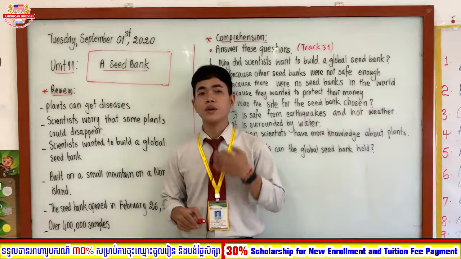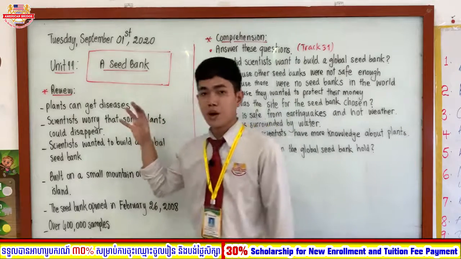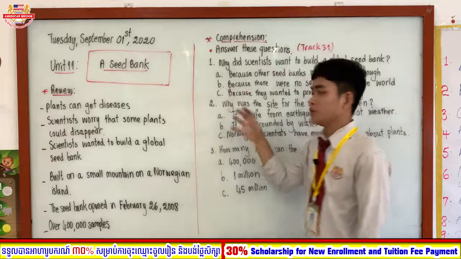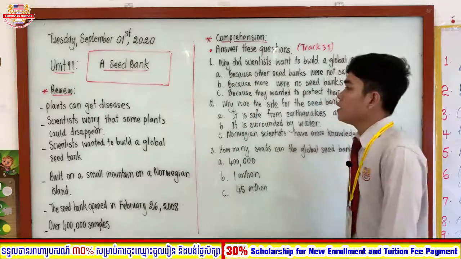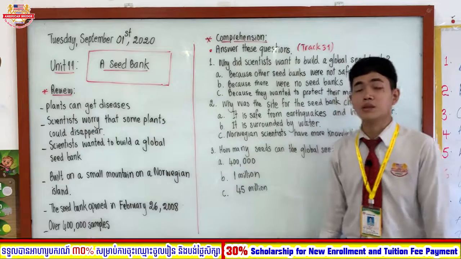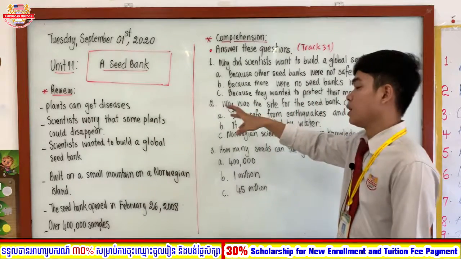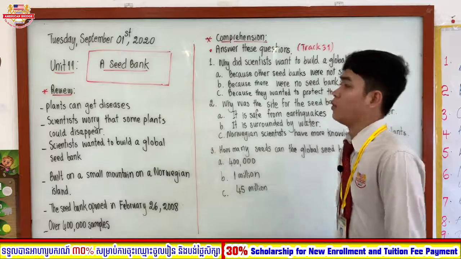Before we move on to our next section, please let me review a little bit of what you learned from our last video. It is about the seed bank, which you learned from our note taking. This is something I just wrote down on the whiteboard.